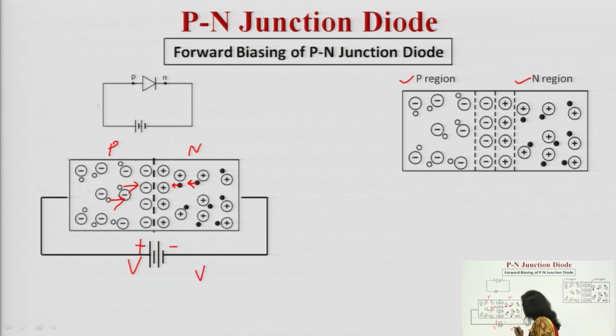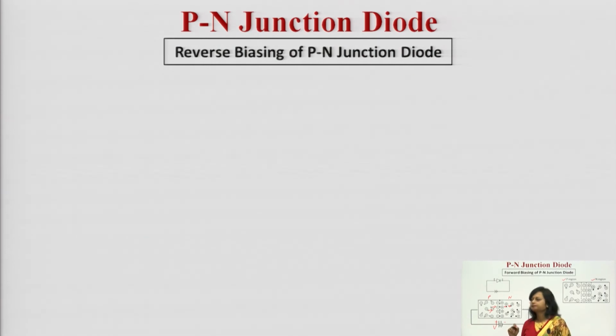If you keep increasing the external voltage, more and more electrons and holes will cross the junction and the depletion layer width will decrease. This is how you can explain the forward biasing of a PN junction diode.